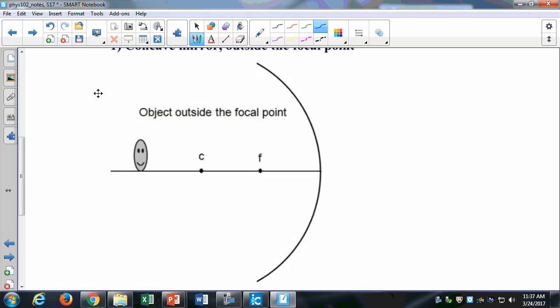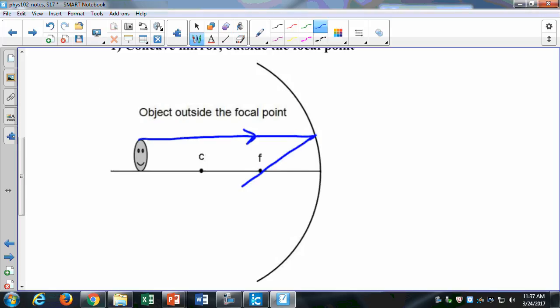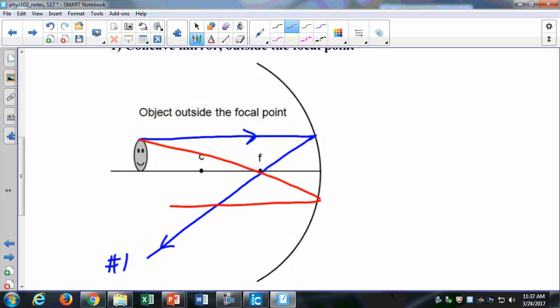Alright, so outside the focal point, I draw a ray that's parallel to the axis and through the focal point. That's number 1. Then I can draw a ray through the focal point and then parallel to the axis. That's ray number 2. Then I can draw a ray through the center of curvature and back on itself.